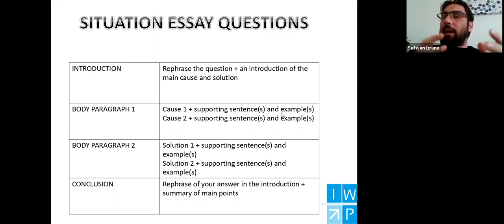So here I've created a connection between the two. So activity burns calories, okay? And these calories, if they're not burnt, they're stored in the body as body fat. So here I've created a connection between the two ideas. So it's not enough just saying that people are inactive. Okay, so people are inactive, what's the relationship?